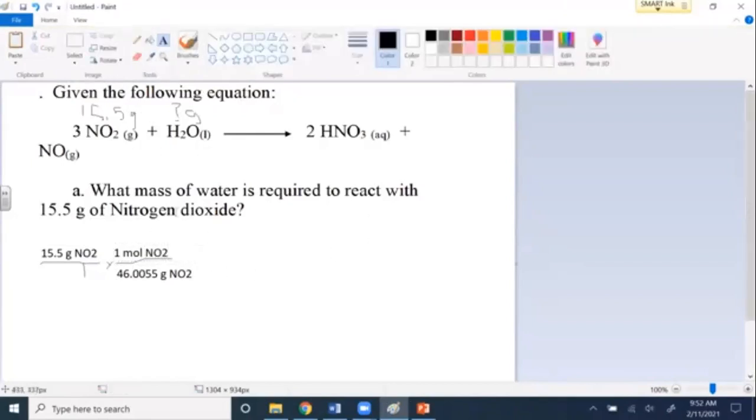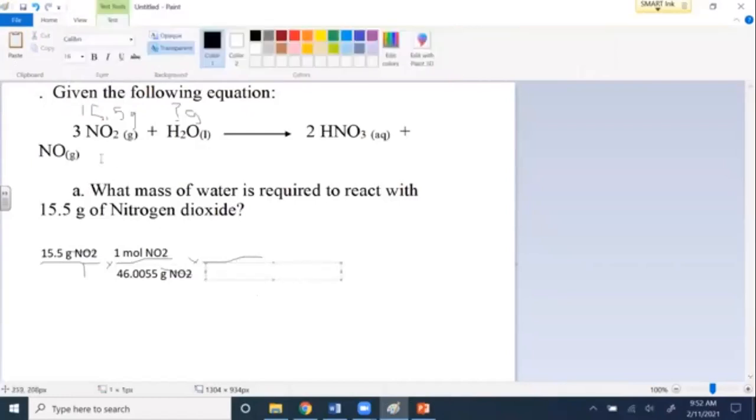Right. So my grams NO2 cancel, and I am now in my moles known box because NO2 is my known substance, and what I have there is moles. So my next step is the mole ratio step. I know that mole NO2 is on the top of my previous fraction, so mole NO2 is going to be on the bottom of this fraction.